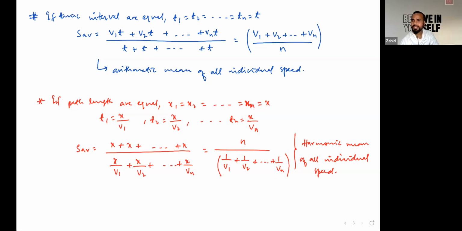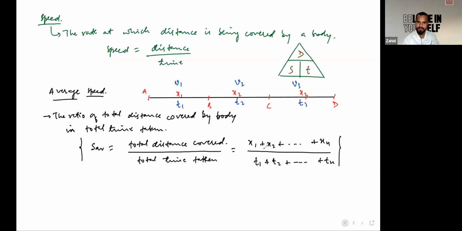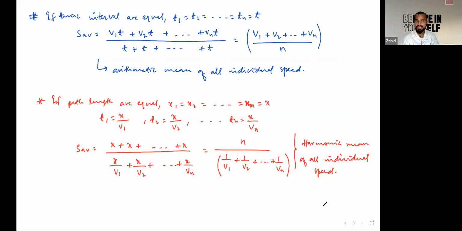So I've just concluded three different expressions to get average speed. In the first part, if there is no relationship between time and distance, it will be total distance traveled by the body over time taken: x1 plus x2 plus so on to xn divided by t1 plus t2 plus so on to tn. But if there is some special condition, like equal time gaps, this formula transforms, and you get average speed by taking the arithmetic mean of all individual speeds.